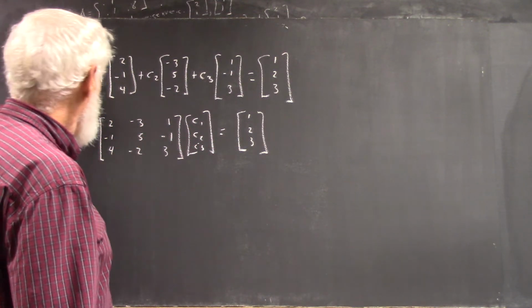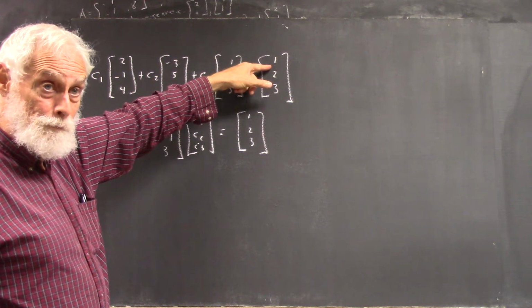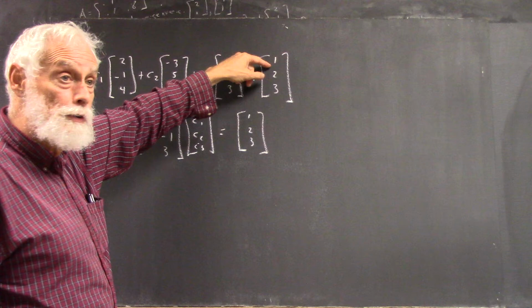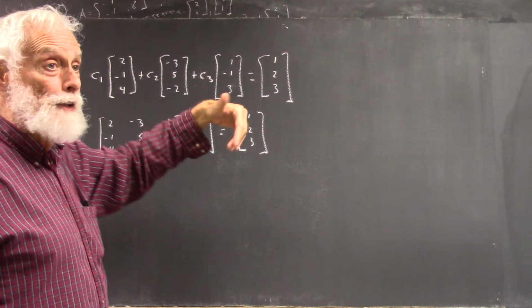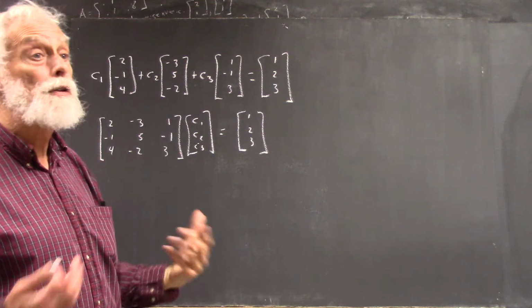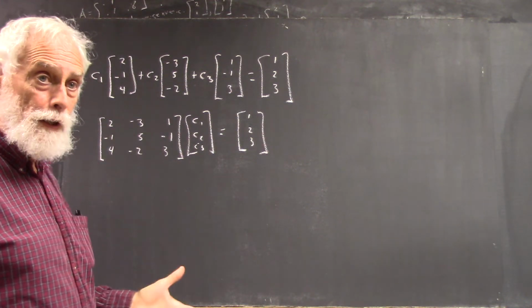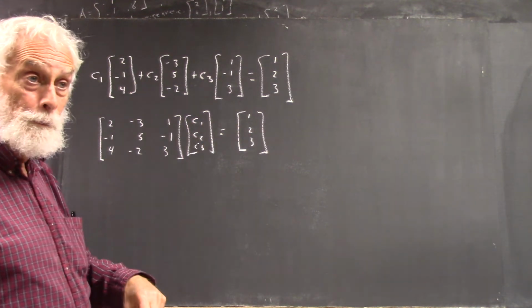Okay, so that's exactly what should be equal to the 1, right? C1 times this, C2 times this, plus C3 times this should equal 1, right? So writing it this way makes that happen, and you want to check that out and make sure you've got it right, because you want to make sure you understand what you're doing, okay? Then if you want to know, is it possible for these things to add up to this vector?